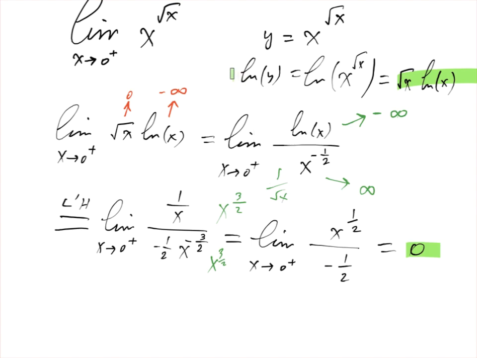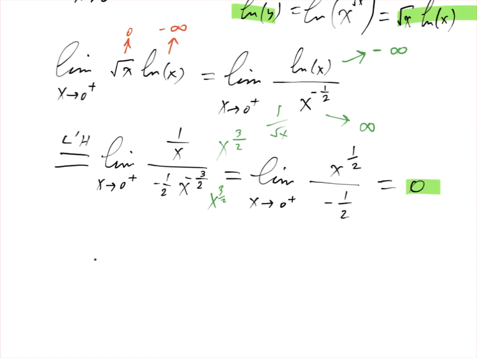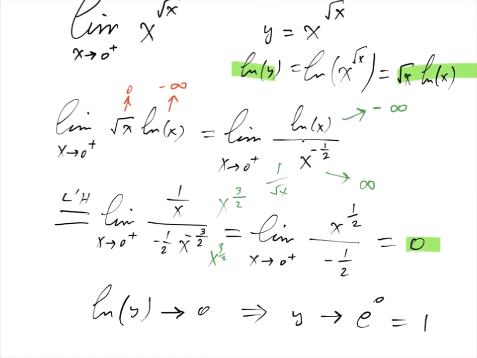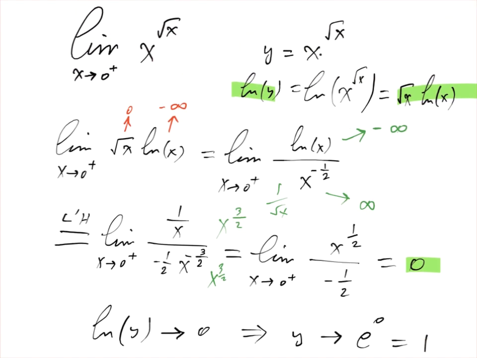That means ln of y tends to 0. So let's write that down. So this means ln of y tends to 0. So this implies y tends to e to the 0, which is 1. And ln of y is ln of x to the square root of x, so y has to be x raised to the square root of x.